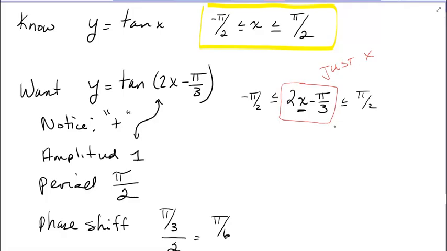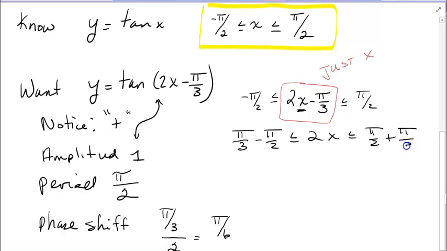So all you're going to do is solve for x in this inequality. You're going to add pi over 3 to both sides. Because you're adding pi over 3 to the center expression, to keep it balanced you have to add pi over 3 to the other ones.